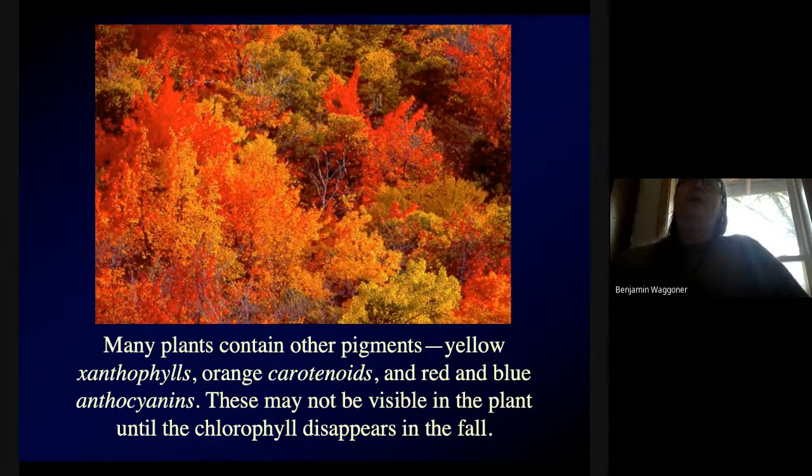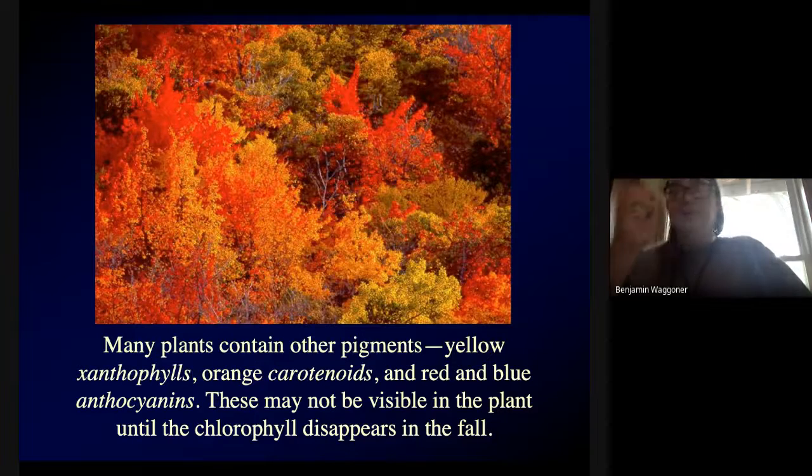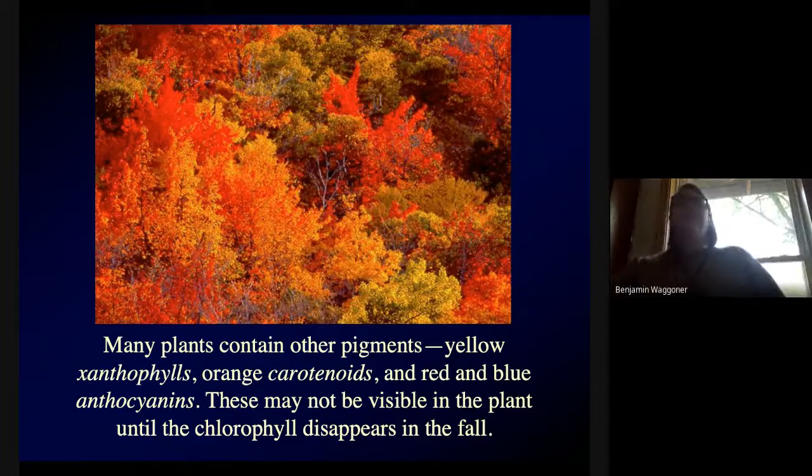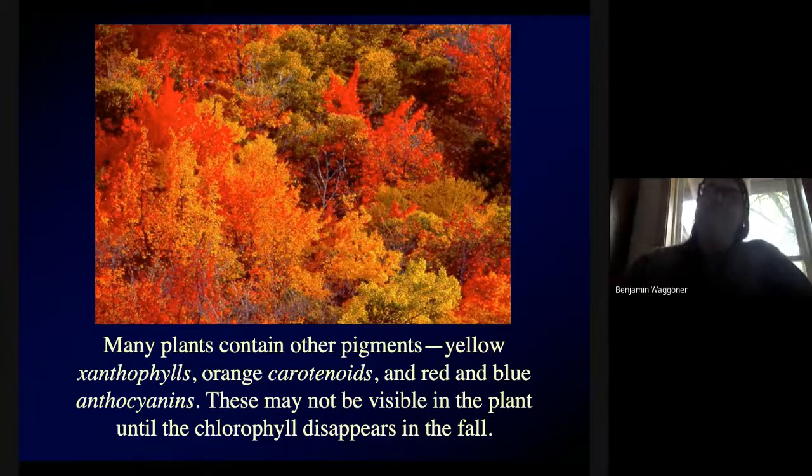And you can see them for the first time, and now you have leaves changing color and looking quite beautiful if you've ever gone out and seen this in the fall. And then, of course, the leaves die and fall off the tree, and we go from fall to winter. But that's why they change color. They lose that chlorophyll, but that enables you to see other pigments of yellow, orange, and red.